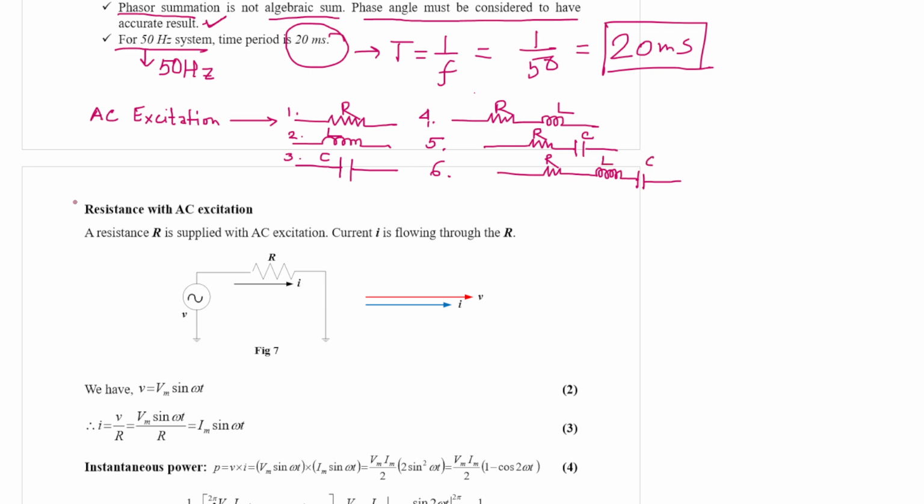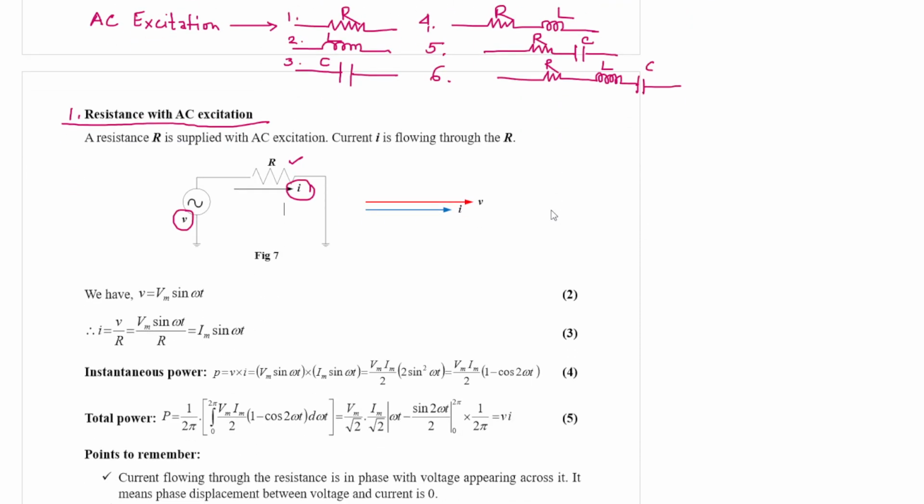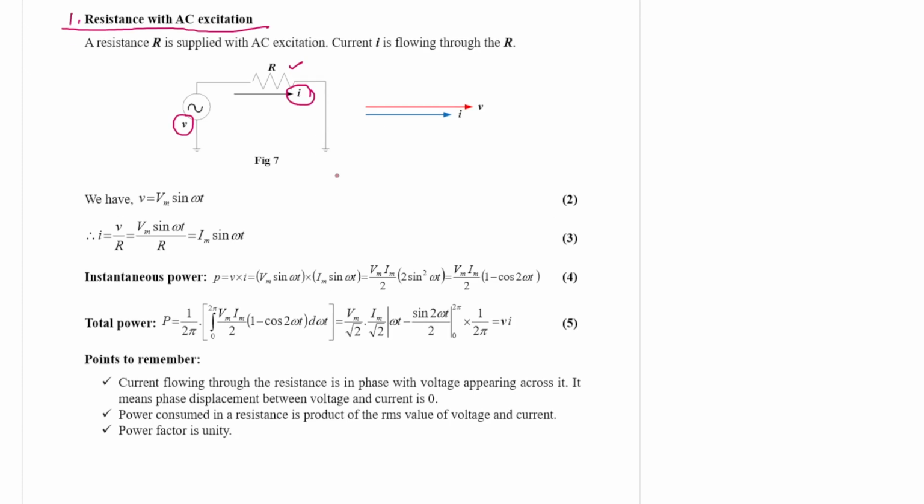So we have first resistance with AC excitation. Let us say we have a resistance R, we have a sinusoid voltage supply V, a current is flowing I. So let us have some equations. So we have V is equal to Vm sin omega t, equation 2.